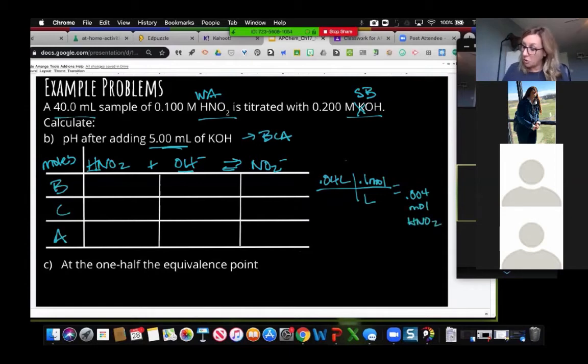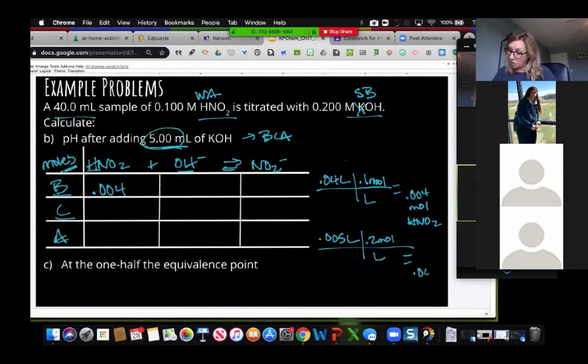So this is similar to what I did on the last one. So again, anytime you're using BCA, you have to change everything to moles. Then down here, 0.005 liters, that's my KOH. I'm sorry, this is 0.2 moles per liter. So I'm putting in 0.001 moles of KOH.